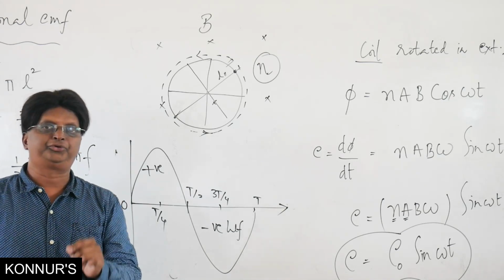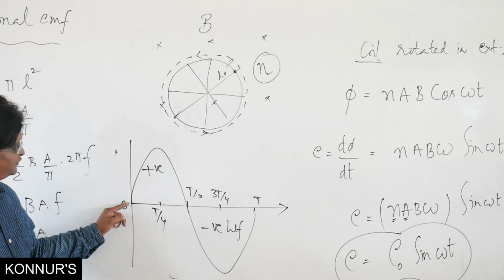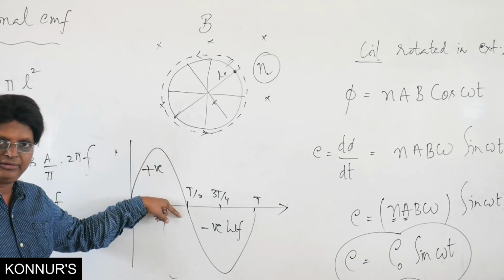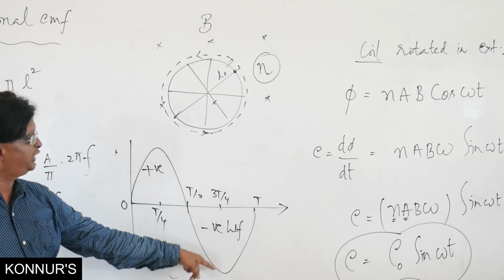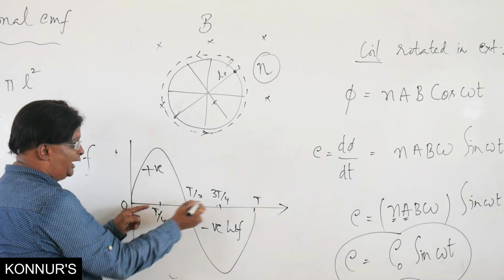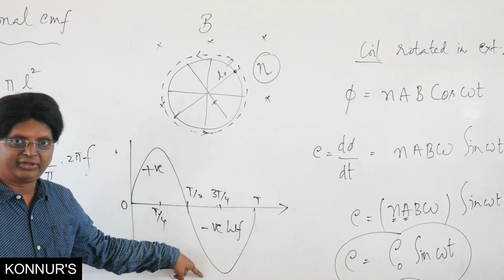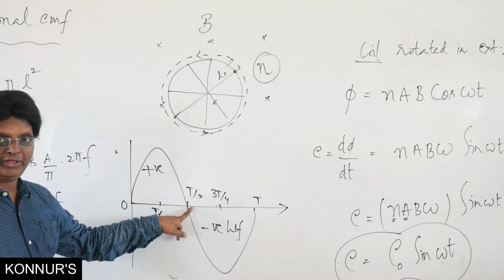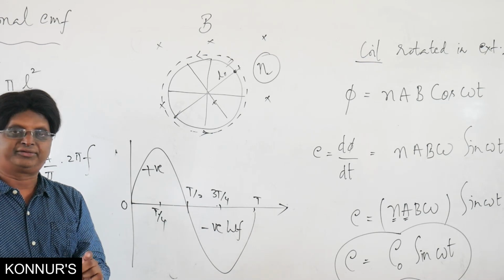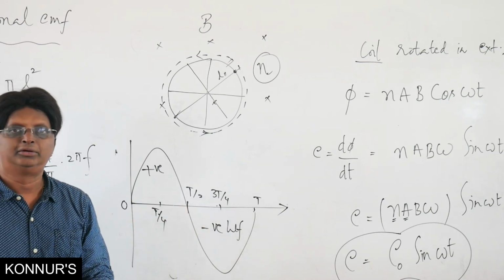The EMF starts from 0 and again becomes 0. 0 to 0 it happens, or peak to peak also. See, this is T by 4 and this is 3T by 4. At these instants the voltage is at peak. Therefore, 0 to 0, otherwise peak to peak, in all such cases the time interval you will find is T by 2.